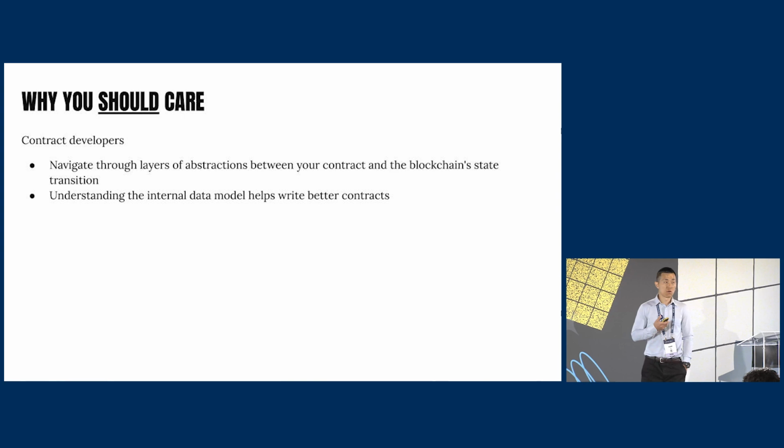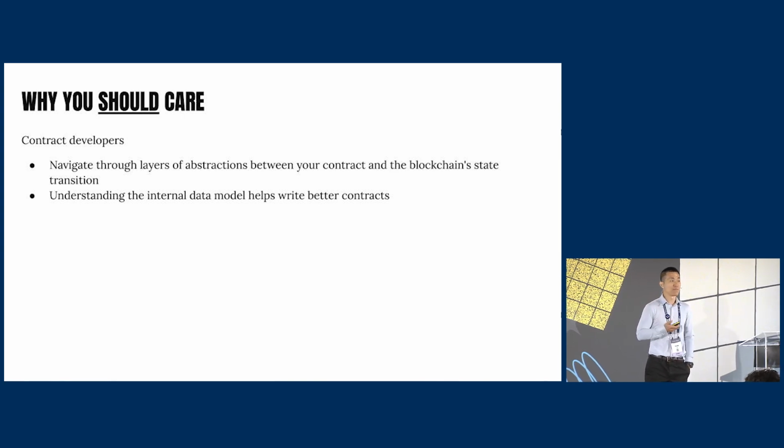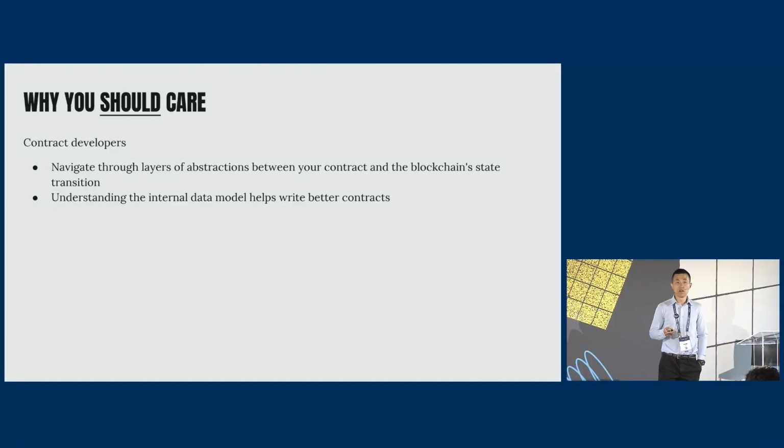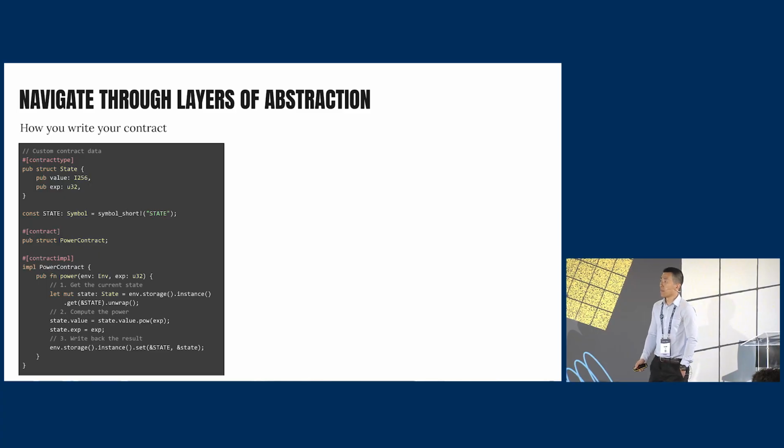So you may ask, why should I care about this presentation? Well, if you're a contract developer, which I suspect a lot of you are or considering to be, I believe this will help you navigate through different layers of abstraction from how you write your contract and how your contract modifies the blockchain state. So, for example, let's take a look at this very simple contract.